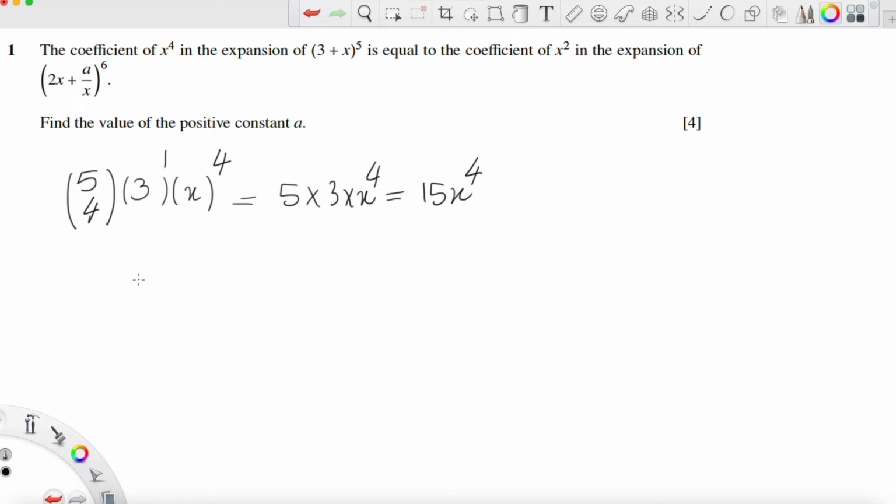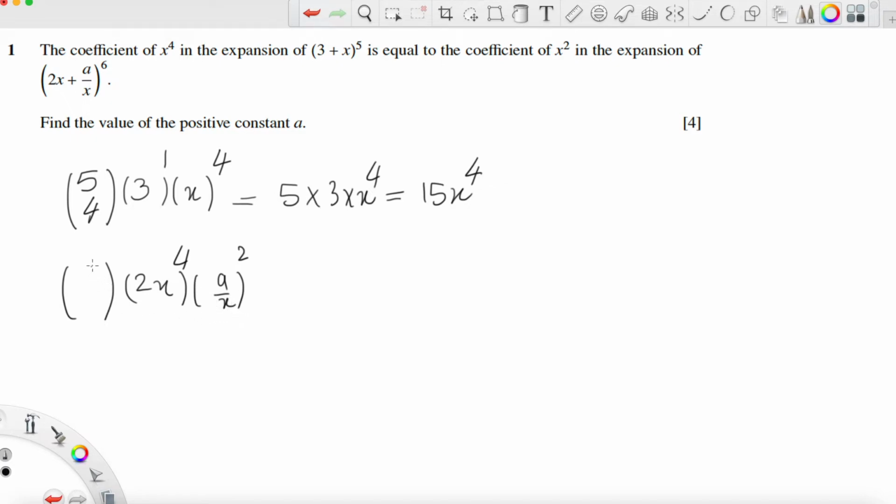So you have two terms here, 2x and a over x. It should simplify to x squared, and the sum of powers should add up to 6. We should choose 4 as the power of the first term and 2 for the second, because it produces x to the power of 4, with x squared in the denominator, which simplifies to x squared.